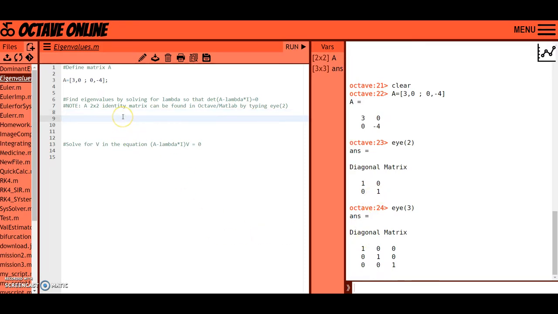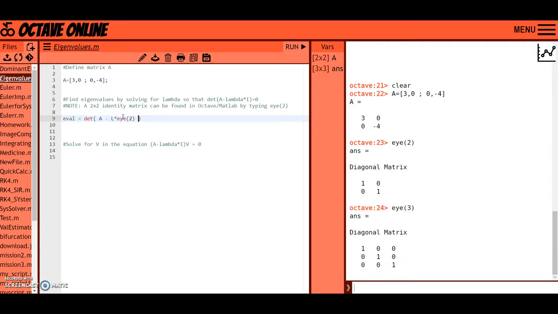The first thing we're going to do is, because the output is going to be a pairing of solutions, we're expecting 2 solutions for a 2x2. So the output is going to be in the form of a vector. Okay, so what I'm going to do is assign to some quantity that I'm going to call eval, just so that I can grab the outputs. I want the determinant of A minus L times eye(2).